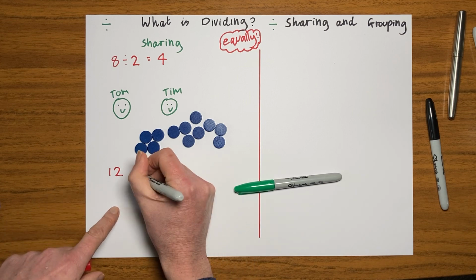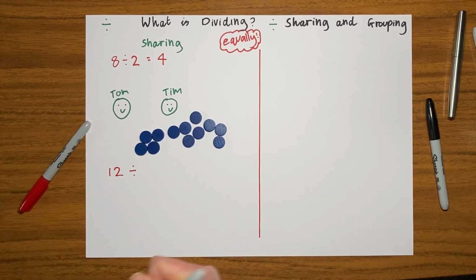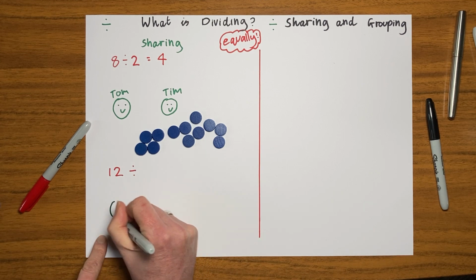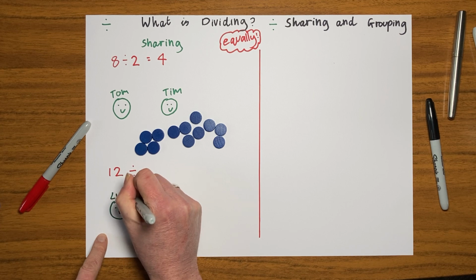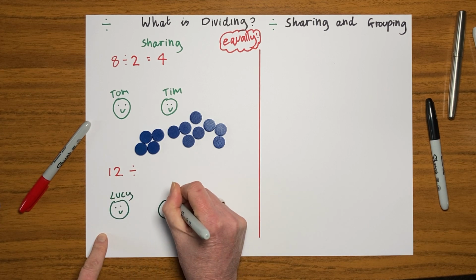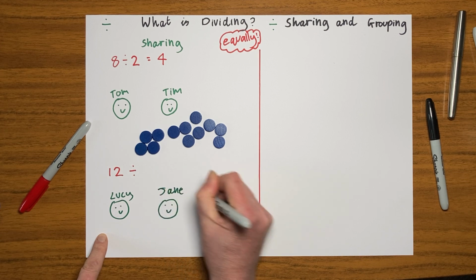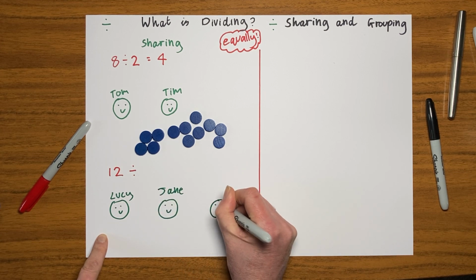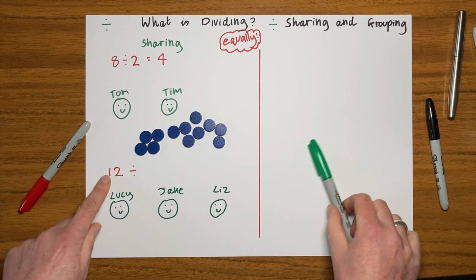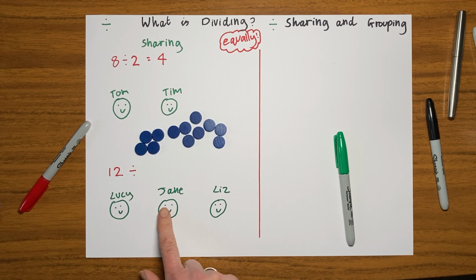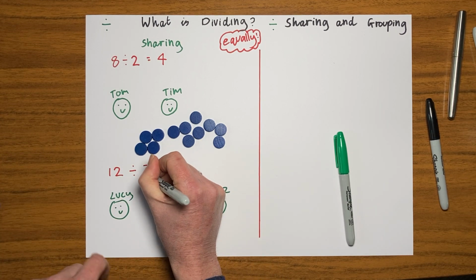And this time I'm going to share it, I'm going to divide it between Lucy, and Jane, and Liz. So there's my 12, and I'm going to share them between Lucy, Jane and Liz. So I'm sharing it between 3 people this time.